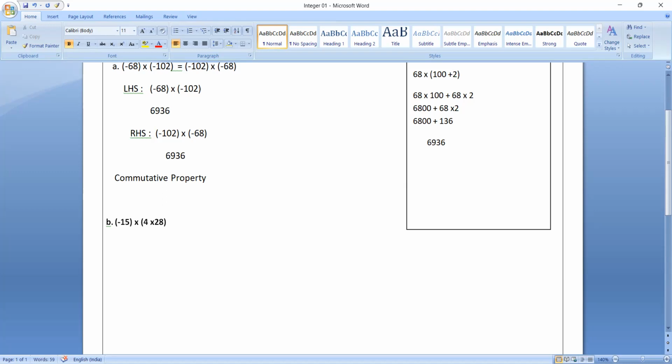Similarly, what is the property? And in right hand side, it's given that minus, under the bracket, minus 15 multiply with 4 and then after we have to multiply with 28.